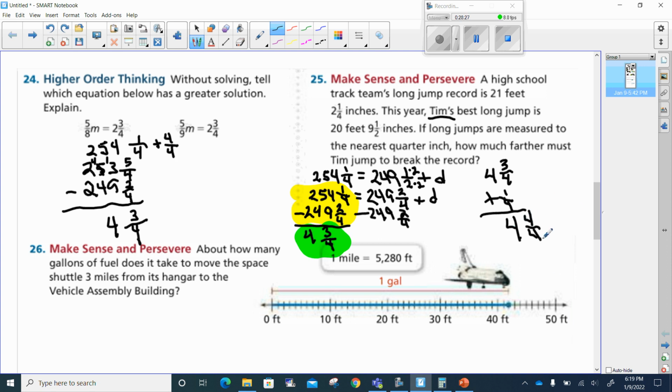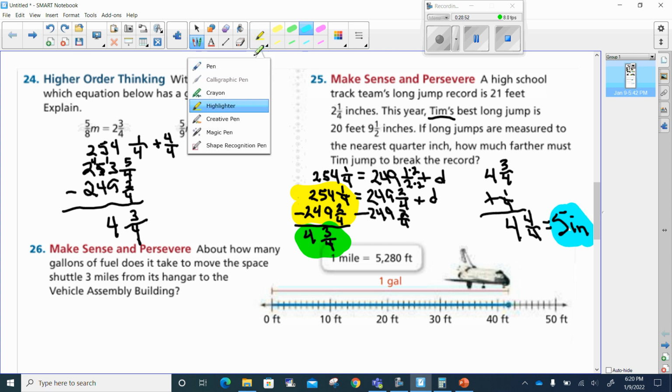That's going to turn this to 5. So this equals 5. He needs to go ahead and jump 5 inches if he's going to break that record. Final answer here, I'm going to put in blue to make it different than the rest of them. This is your final answer.